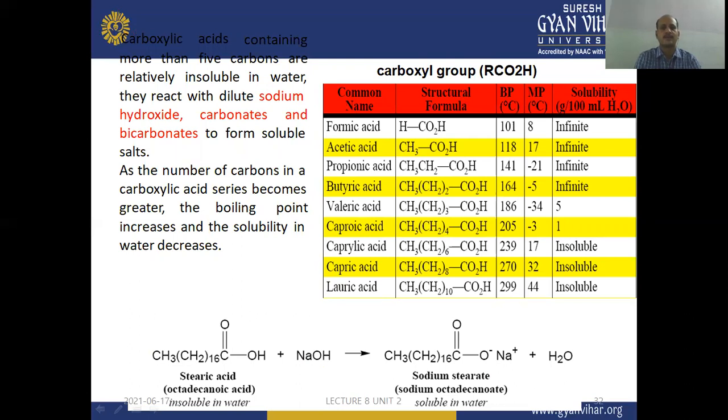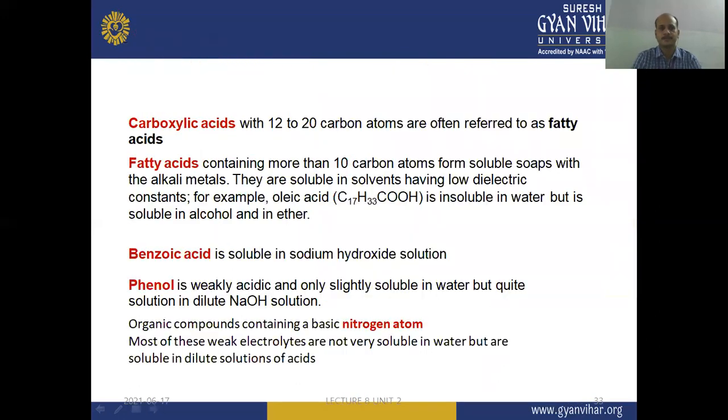As the number of carbons in a carboxylic acid series becomes greater, the boiling point increases and the solubility in water decreases. Carboxylic acids with 12 to 20 carbon atoms are often referred to as fatty acids. Fatty acids containing more than 10 carbon atoms form soluble salts with the alkali metals, and they are soluble in solvents having a low dielectric constant.